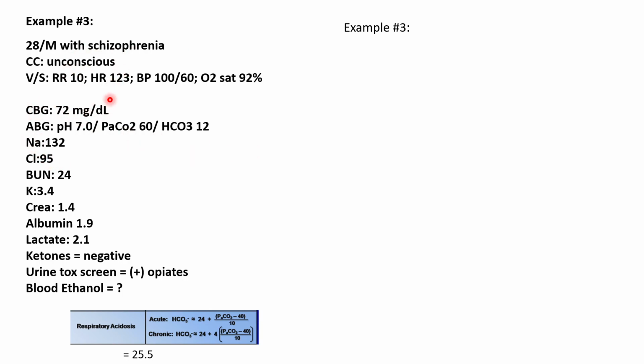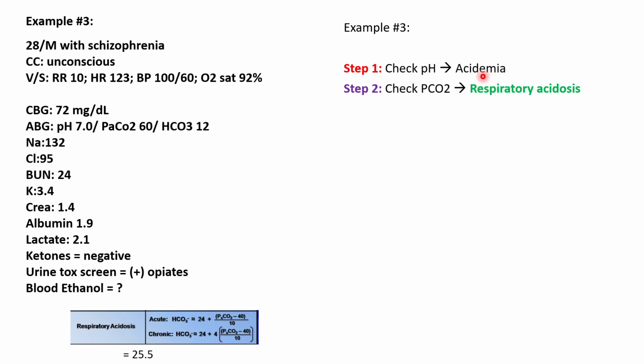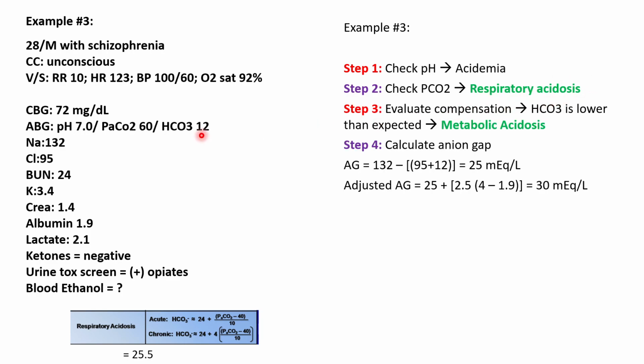So it falls within the expected range, as you have seen in that table a while ago. So just go back to that table if you are not familiar with the values enumerated in it. So your ABG would show respiratory alkalosis plus high anion gap metabolic acidosis.